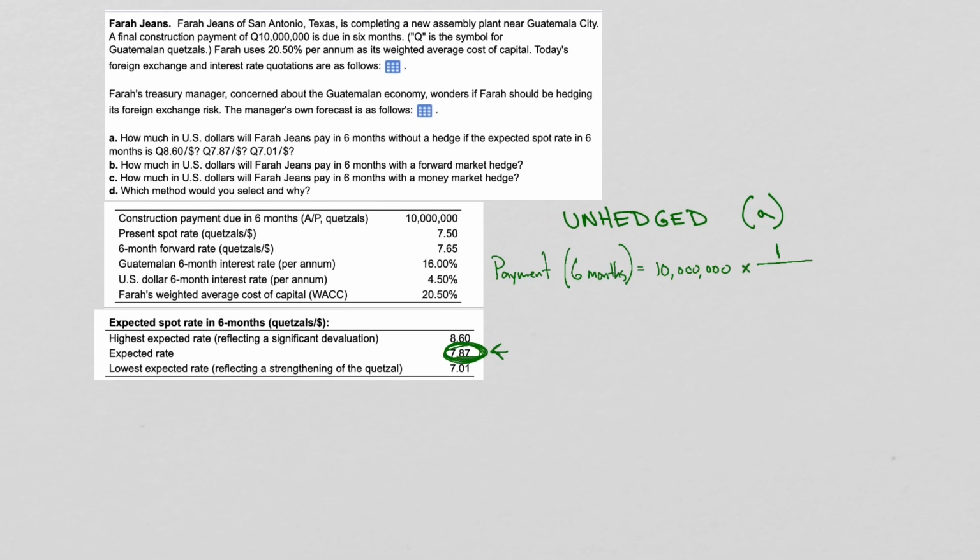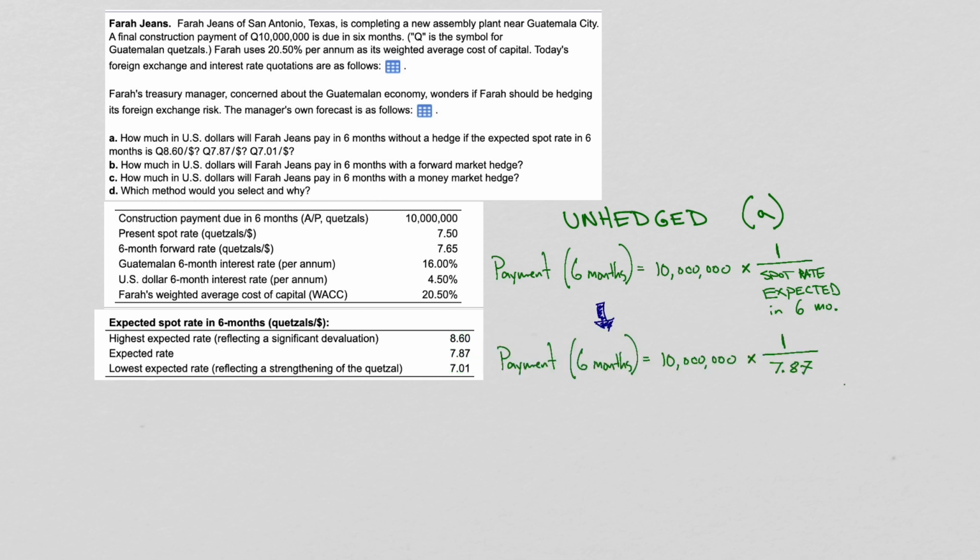In other words, we take 1 divided by that expected spot rate in 6 months from now, which for us here in this example is going to be that 7.87. And so that means in dollar terms, what we're going to end up with is $1,162,791. But of course, we don't know this is the actual amount we're going to have to pay. It's just based on our expectation of what we think the spot rate is going to be 6 months from now.